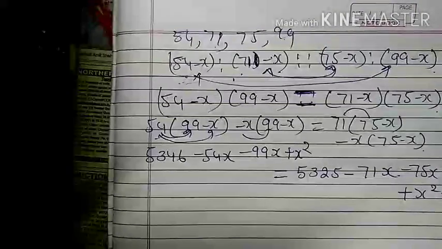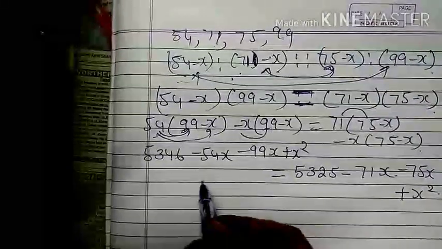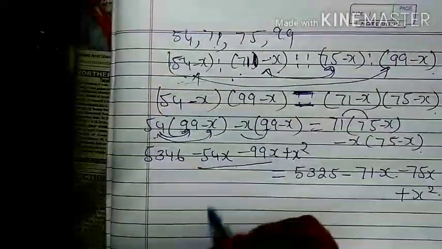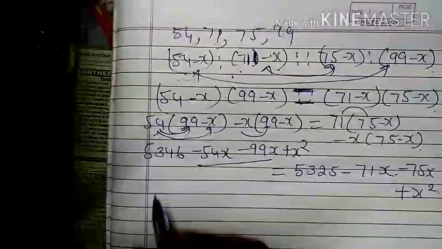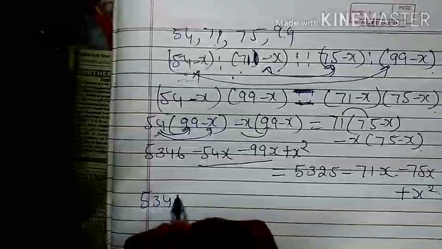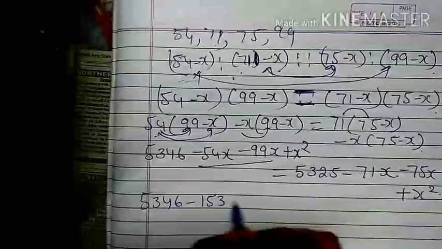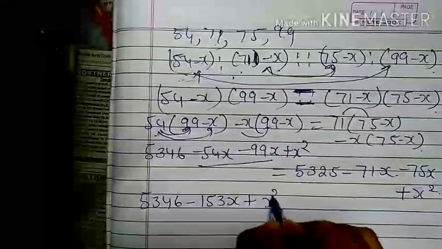If any like terms are there on either side, you can add: minus 54 minus 99 gives minus 153. So 5346 minus 153x plus x square as it is.